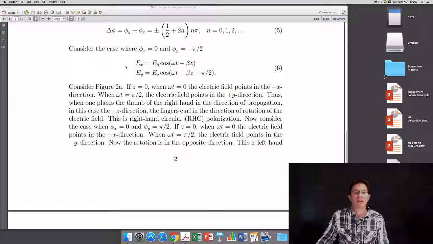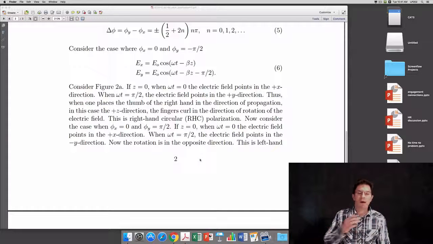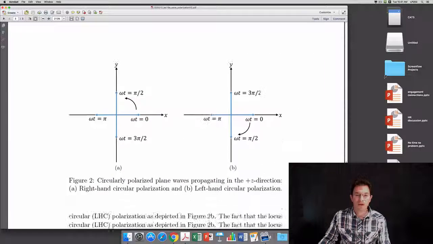Substituting that into the expressions for the x and y components that we had earlier, we have this expression for the x component, E naught cosine of omega t minus beta z, and then this expression for the y component, E naught cosine of omega t minus beta z, plus the phase here, which is equal to minus pi over 2. Okay, so in order to see what happens to the polarization of the wave over time, we're going to refer to this figure right here.